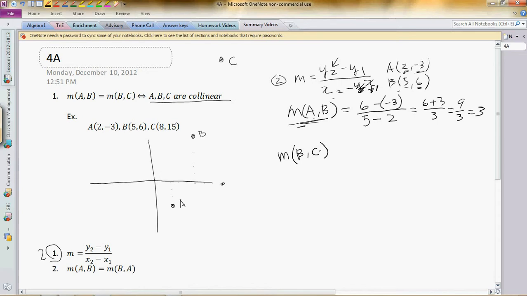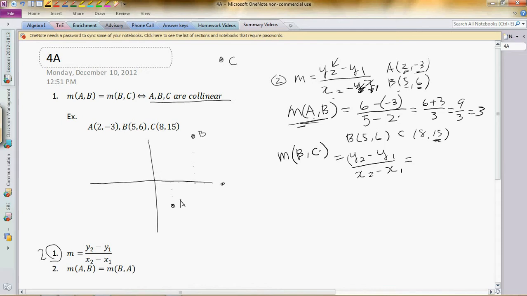So let's find out the slope between B and C. The first point is B, which is 5, 6. And then the second point is 8, 15. So that's second y minus first y over second x minus first x. That means we take the y coordinate from the second point.